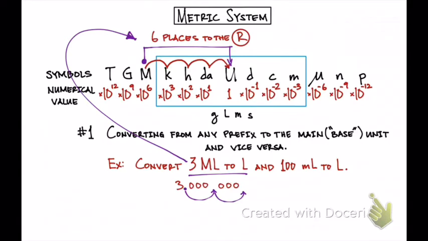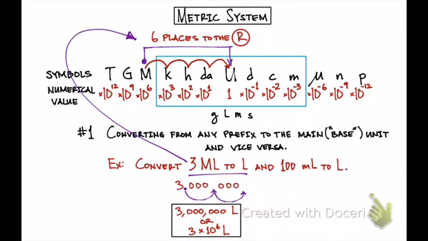So we're going to put a total of 6 zeros because you moved 6 places from left to right. And so the answer here is 3 million liters, or 3 times 10 to the 6 liters. So I think that's a lot easier compared to substituting numerical value for the prefix.